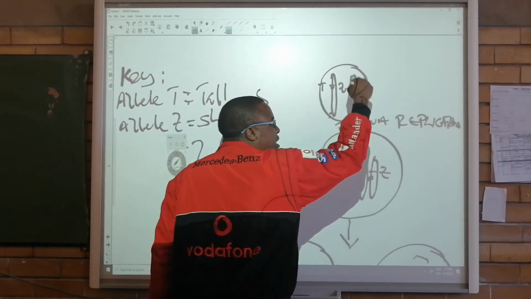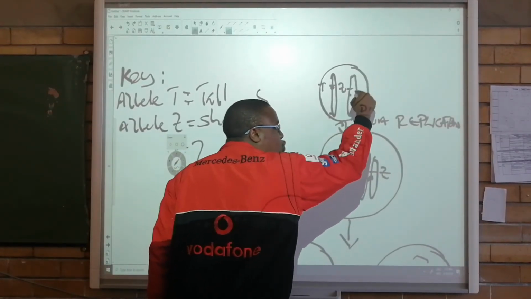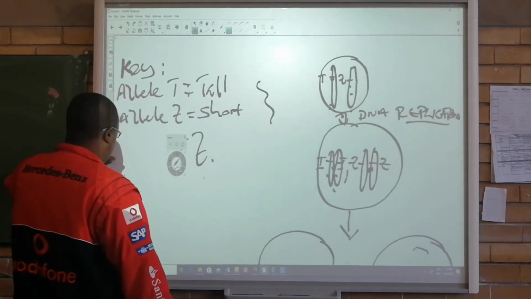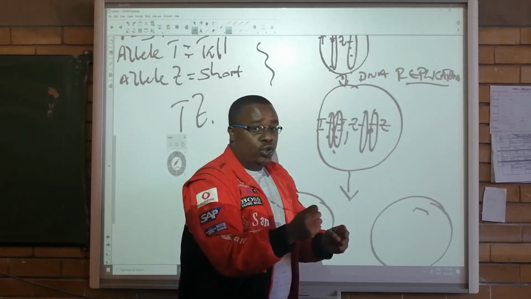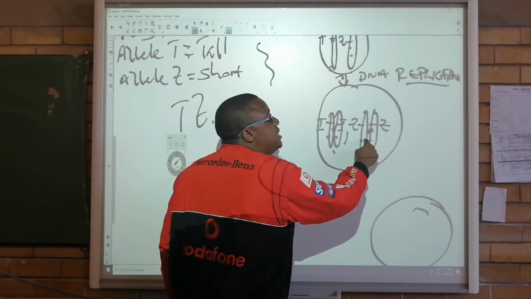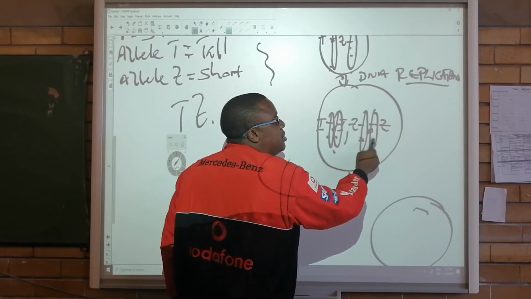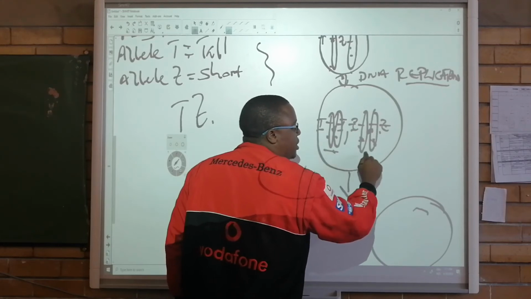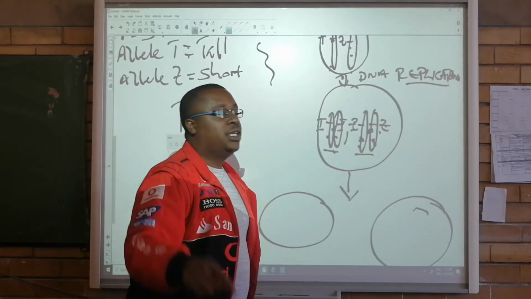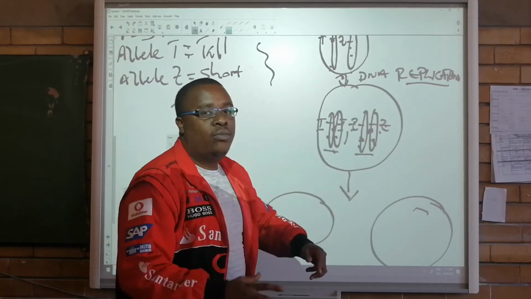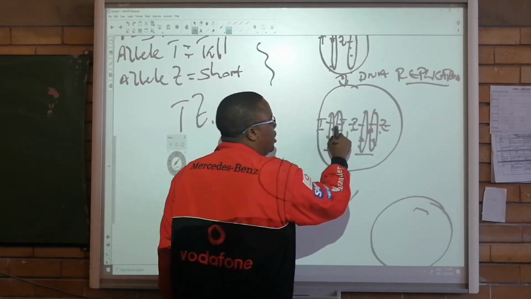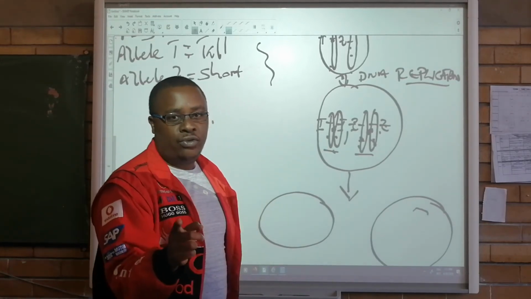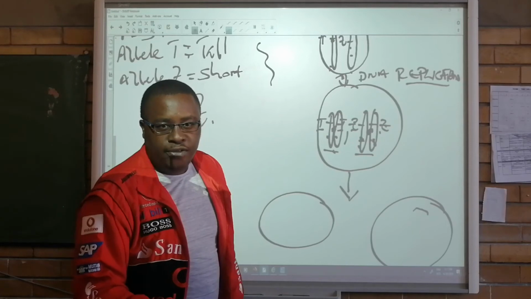This one here, this chromosome carrying the recessive allele for short, replicates and ends up becoming the same chromosome, but this time with an identical unit, a sister chromatid. Each is a chromosome, but the only difference is that they are now carrying sister chromatids of each other, attached together at the centromere. That's a free meiosis revision for you. Hope you go back and revise if you're getting lost.